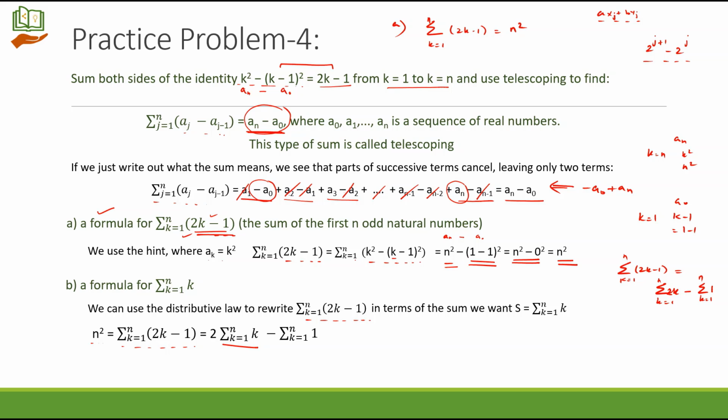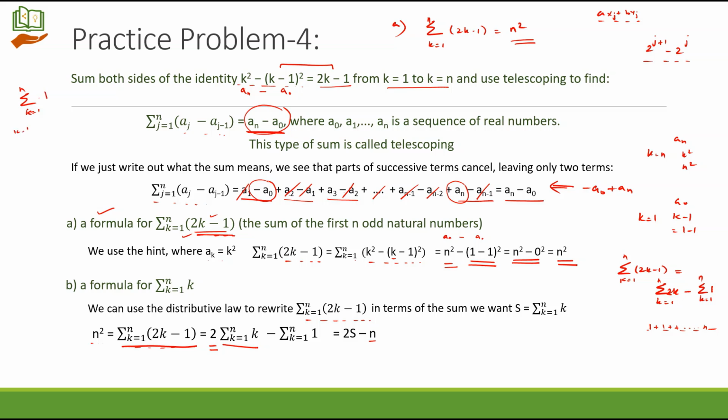Now since we have a constant 2 here, we are taking 2 outside and making this as summation of k is equal to 1 to n k minus summation of k is equal to 1 to n 1. Now this will be 2 into s minus what is summation of 1 to n? It is n only. When you have summation of k is equal to 1 to n 1, how will the summation work?